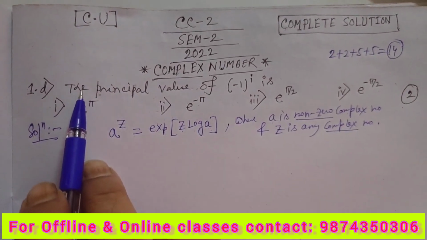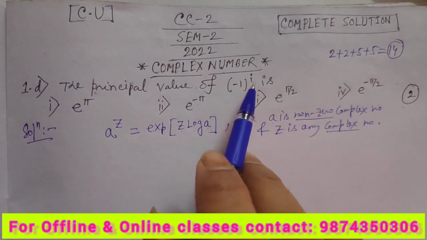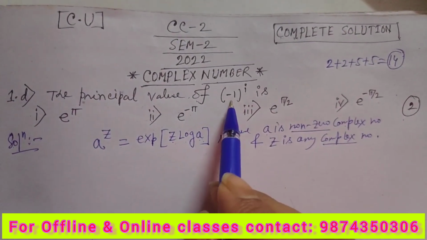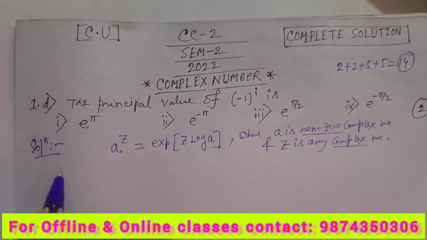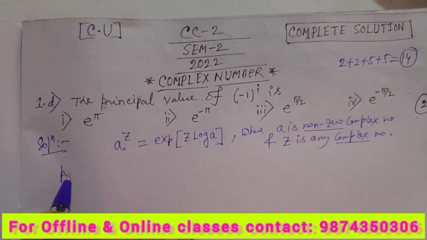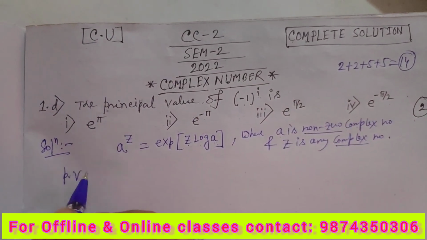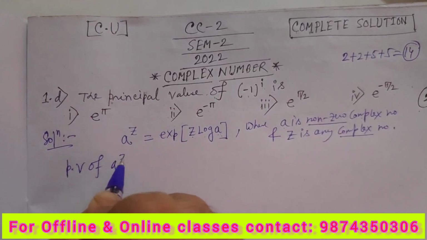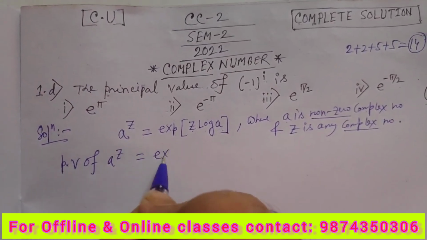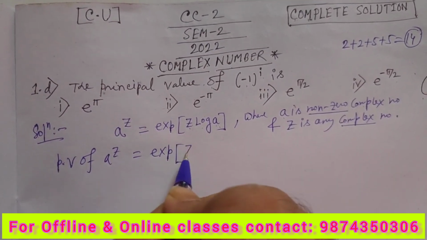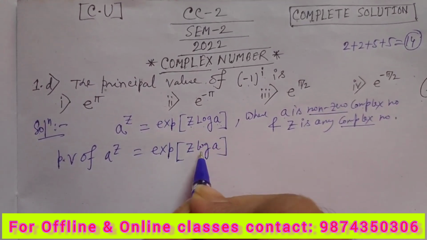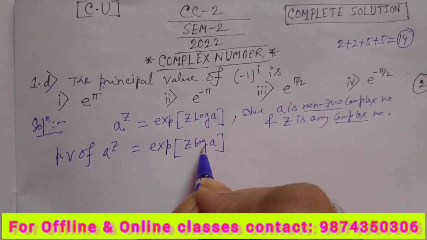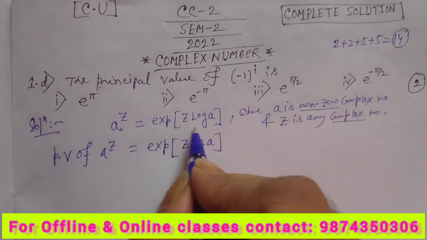Here we have to find the principal value of (-1)^i. So here -1 is a complex number and i is also a complex number. So what is the principal value? Principal value of a to the power z is equal to exp of z log a. এই log মানে হচ্ছে principal logarithm and this is general logarithm.